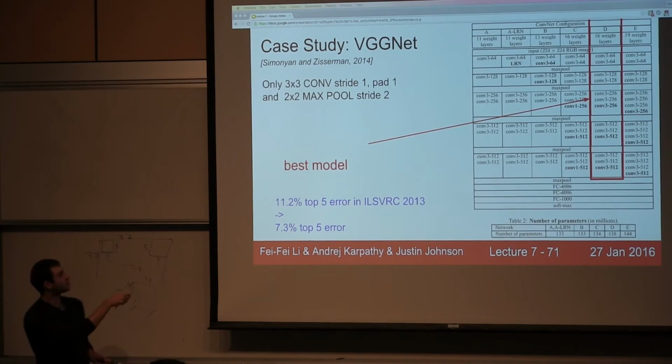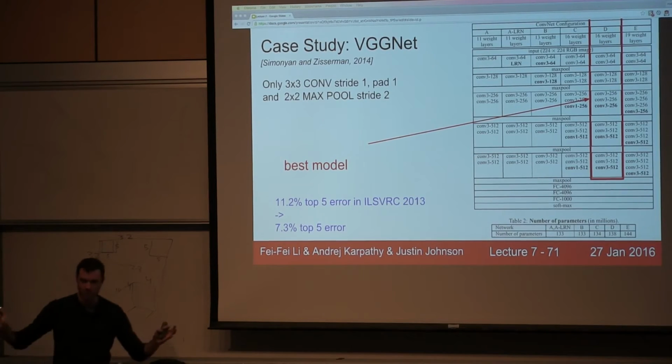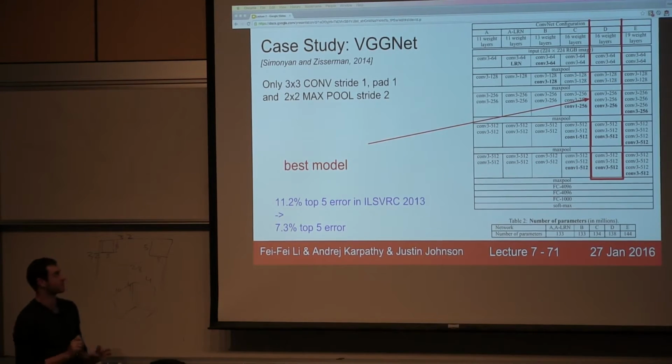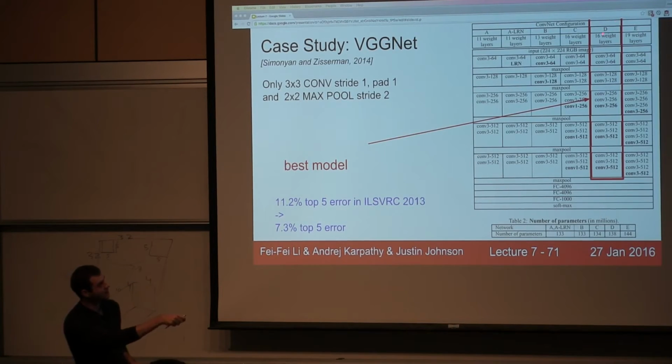And so in VGGNet, Karen Simonyan and Andrew Zisserman just said, okay, let's throughout the convolutional network just commit to using 3x3 conv stride 1 with pad 1 and 2x2 max pool of stride 2. That's the only spatial dimensions we're using. So throughout the entire ConvNet, we're just using these, and now it's just about how many you put in there. And so it turned out that a 16-layer model, I think this one, ended up performing best.